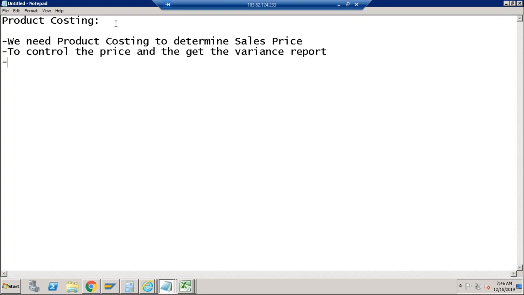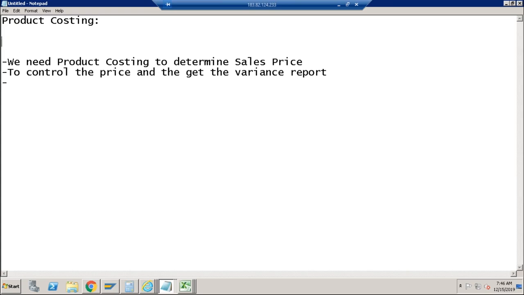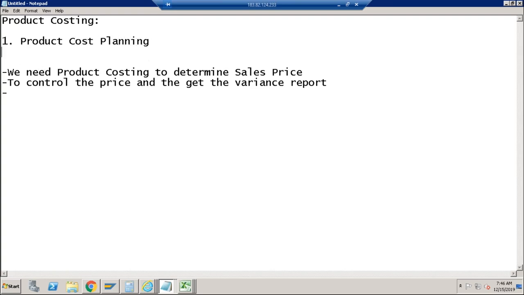But otherwise, one very important thing is why we need product costing. First of all, what exactly is product costing? Product costing is divided into two parts. Number one is product cost planning, and number two is cost object controlling.